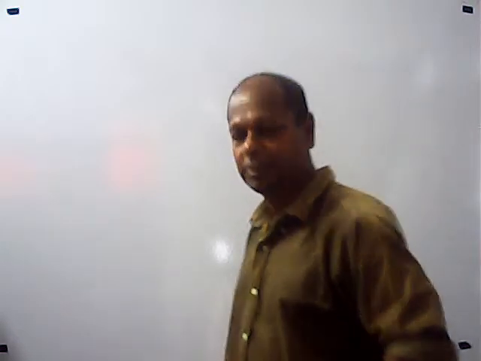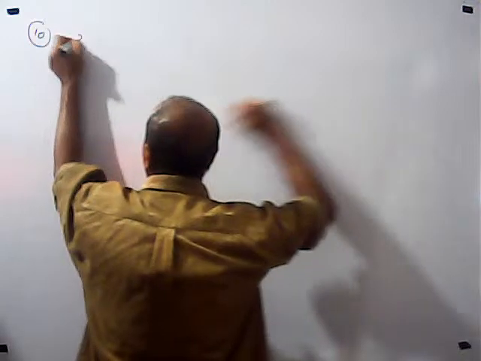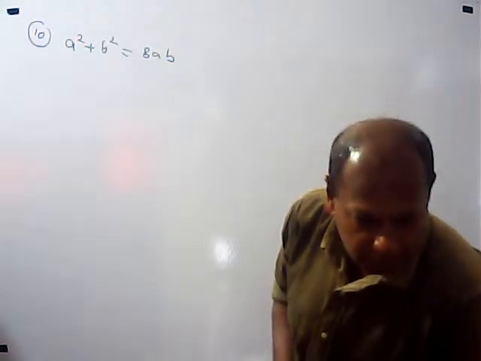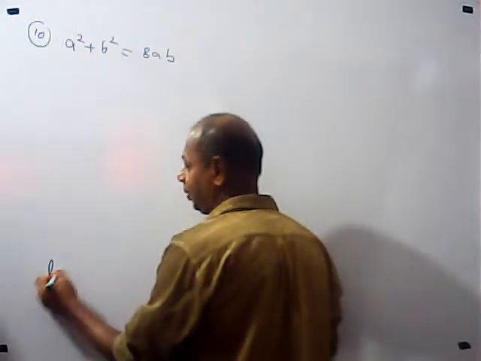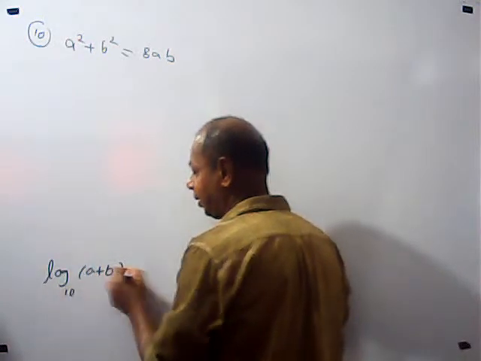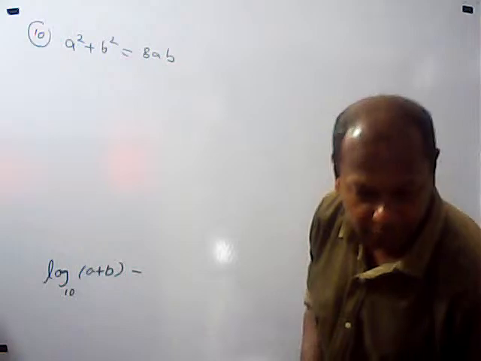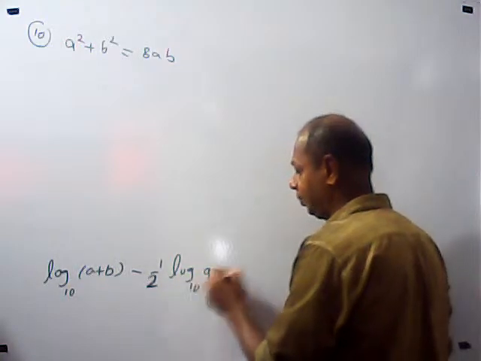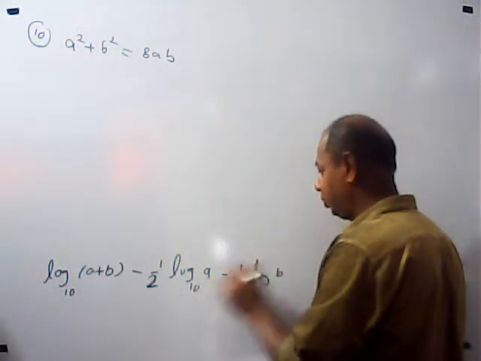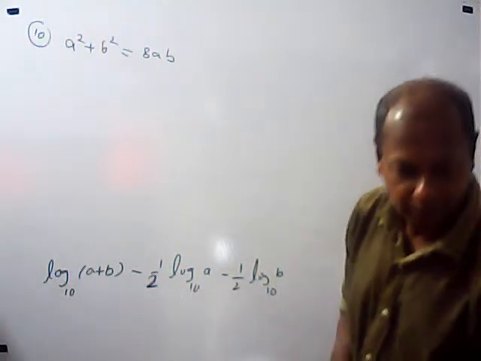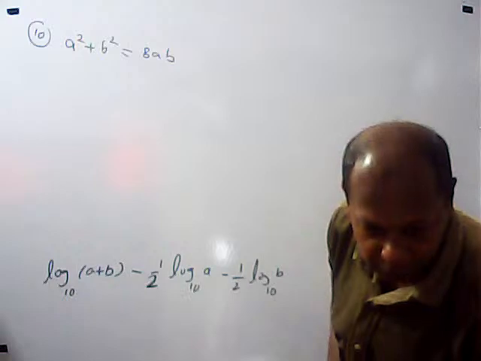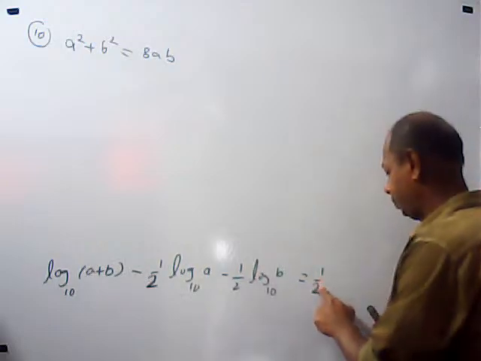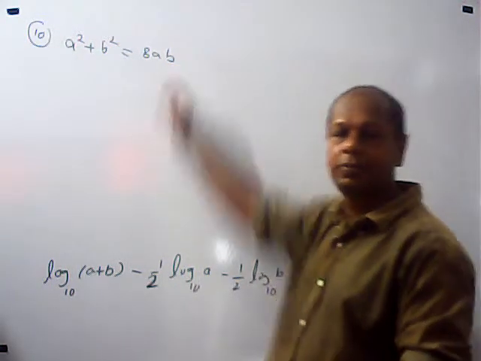You are given a square plus b square equals 8ab, and you are asked to show that log to the base 10 of (a plus b) minus half log a to the base 10 minus again half log b to the base 10 equals half. So this is what you are given, and this is what you have to prove.